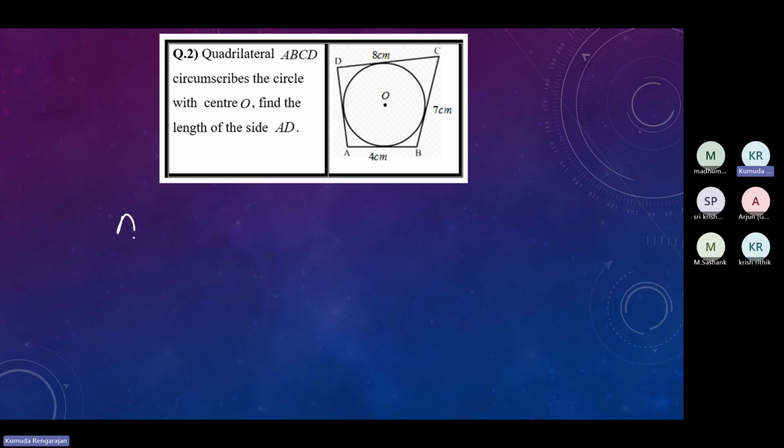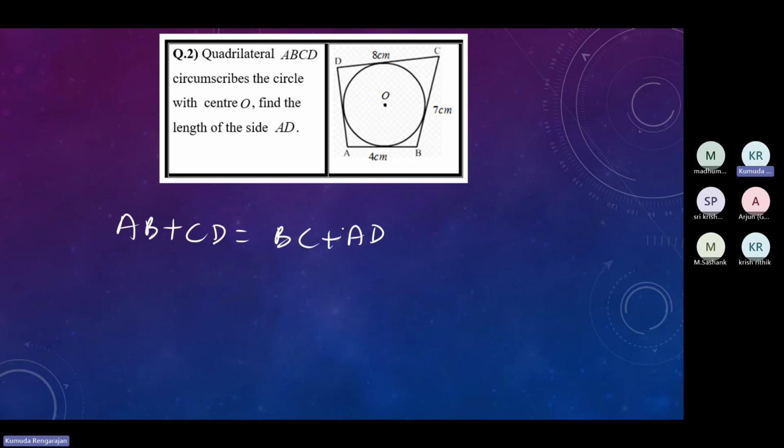So the result is AB plus CD is equal to BC plus AD. You don't have to prove it. You can use the result. This is mostly MCQ. You can see a quadrilateral circumscribing the circle.